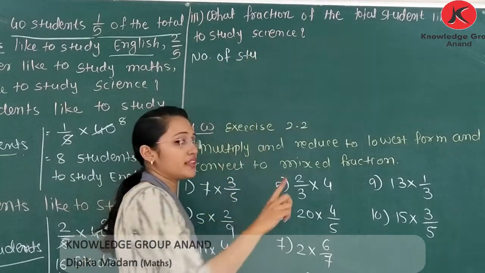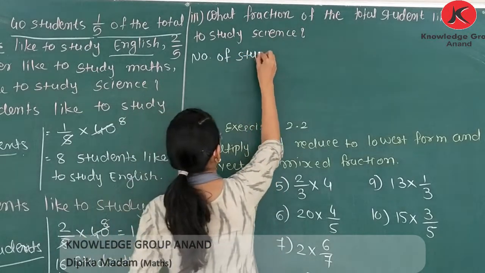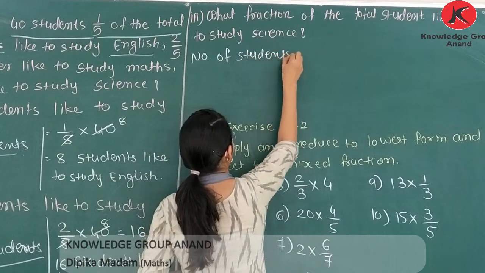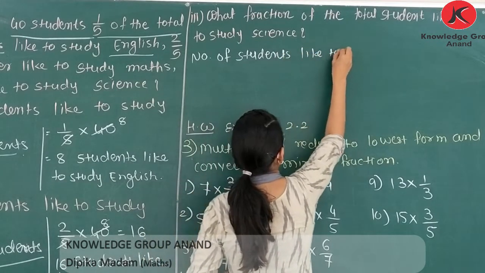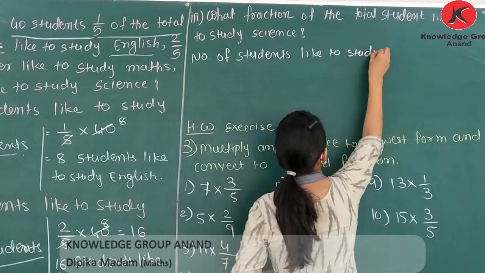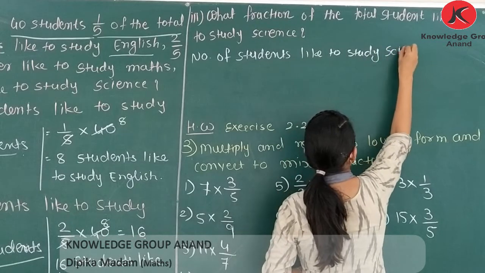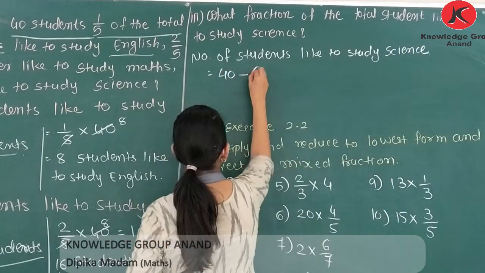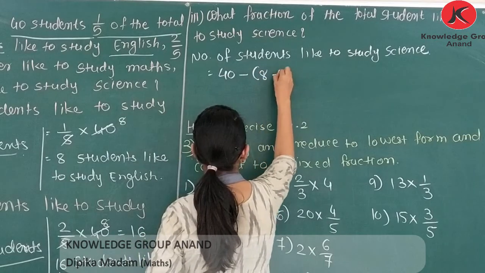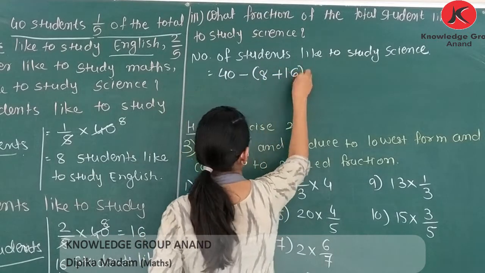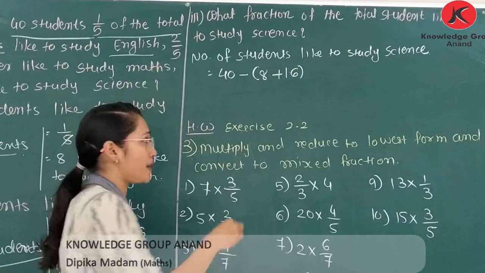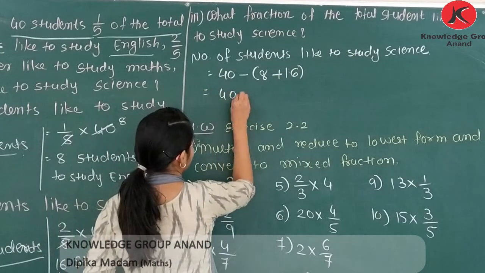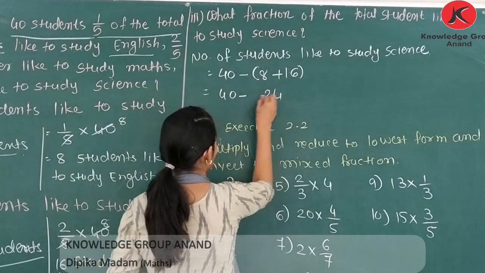So we can write, first of all we find the number of students who like to study science, equal to total minus the number of students who like English and the number of students who like maths. That is 24.